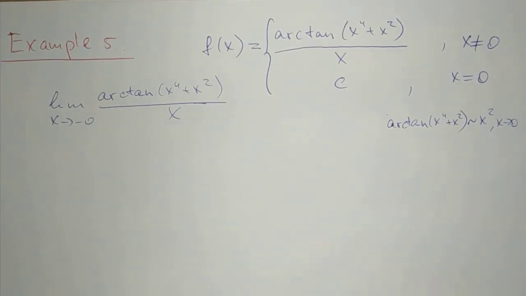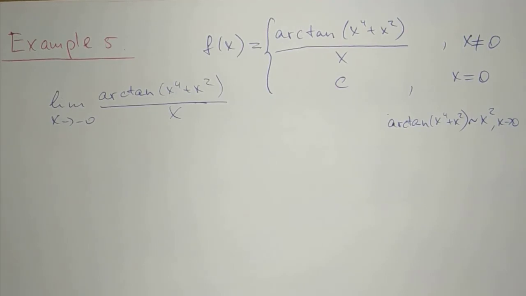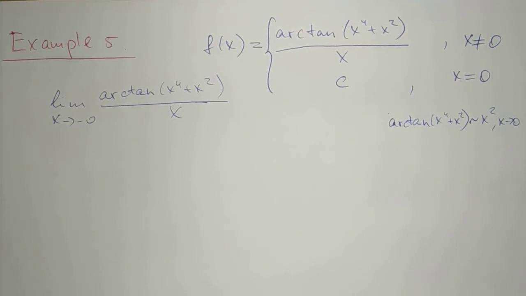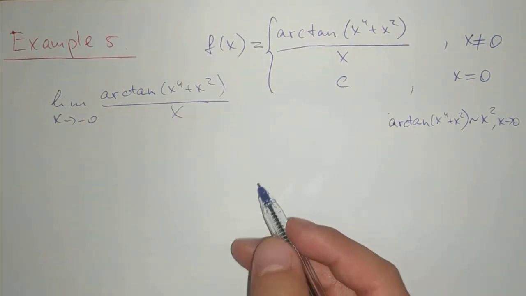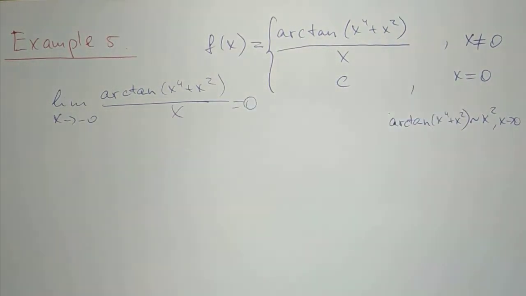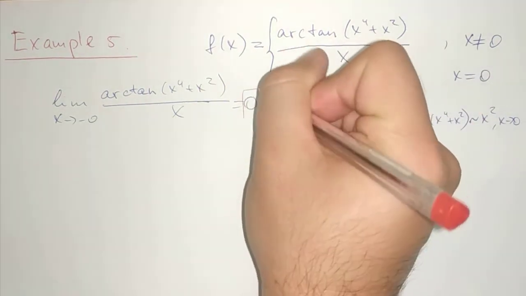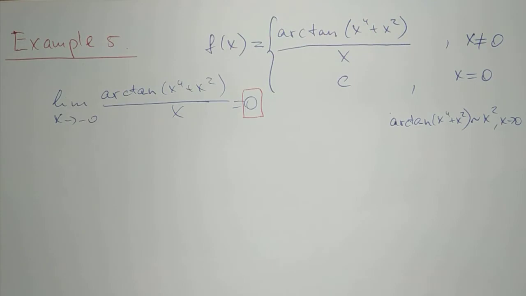So here the left side limit of this function is 0, because x squared over x, and x tends to minus 0, it is 0. This is the left side limit of our function.